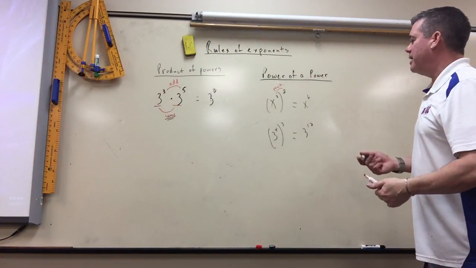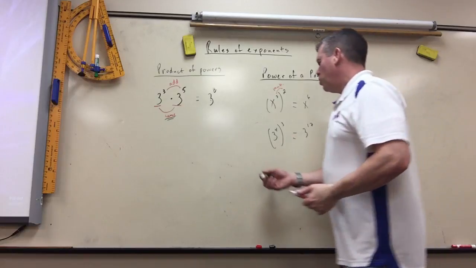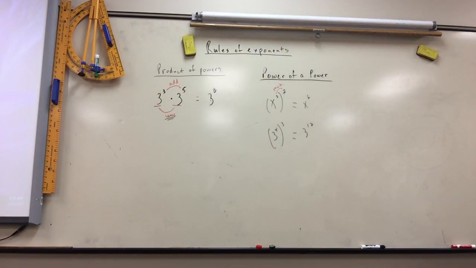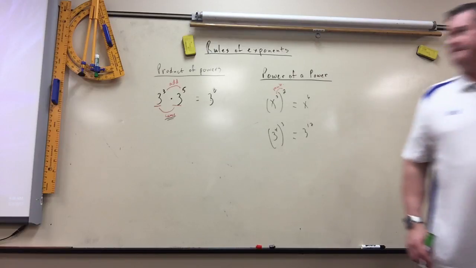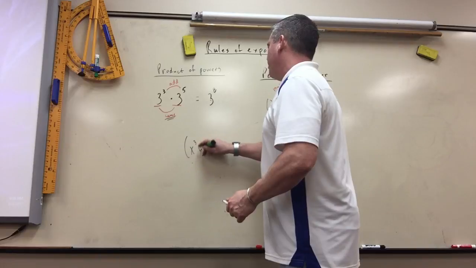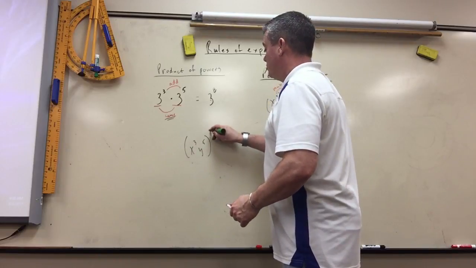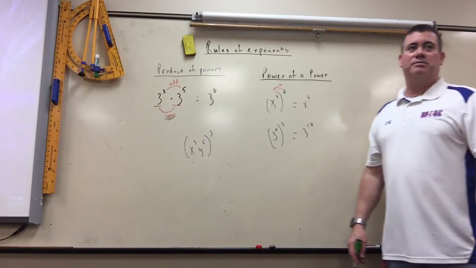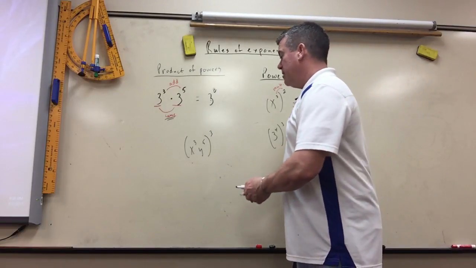Then they kind of combine it where if there's a couple things in there, x cubed y to the 5th, cubed. So you times both. Right.